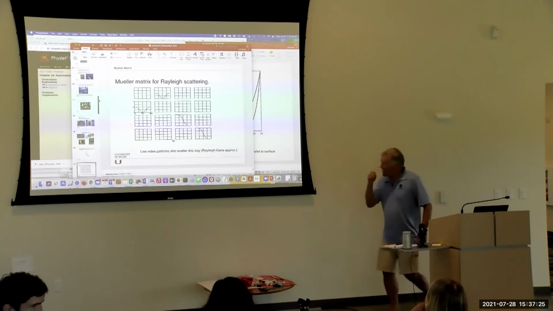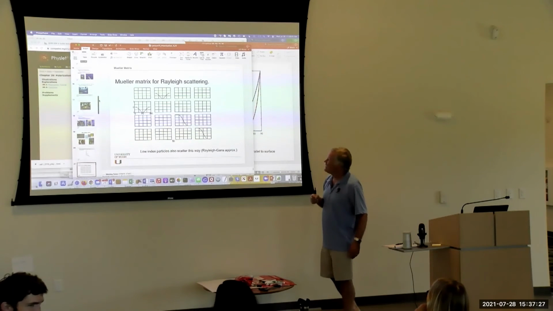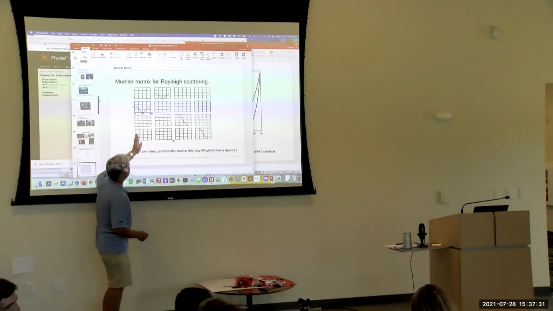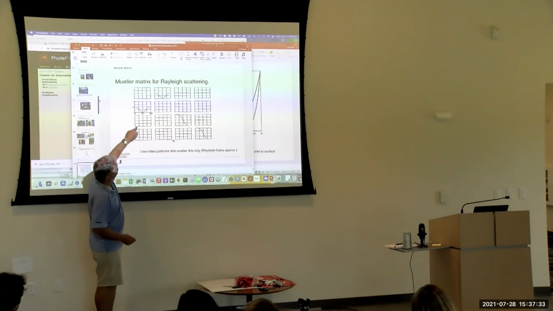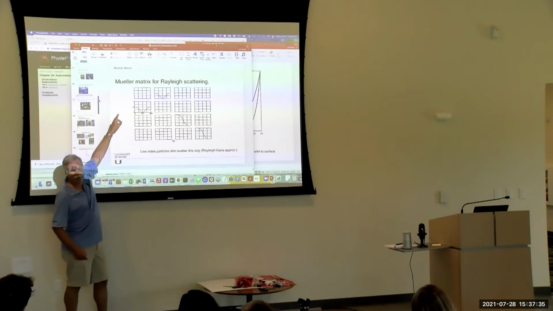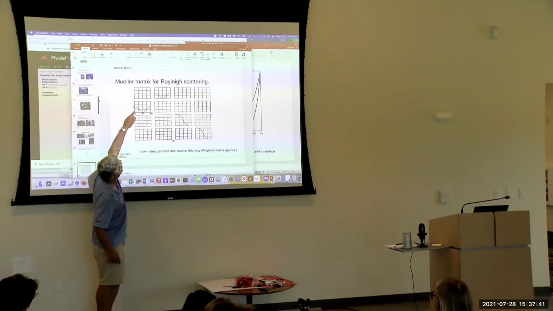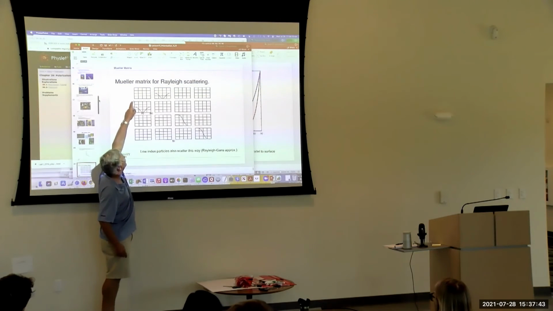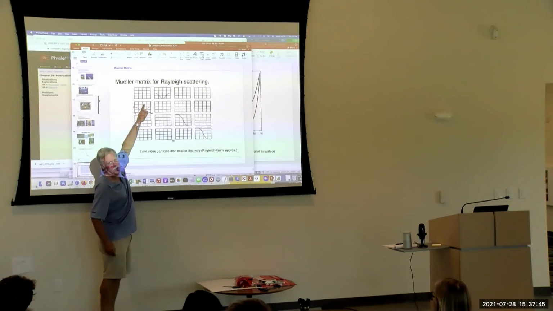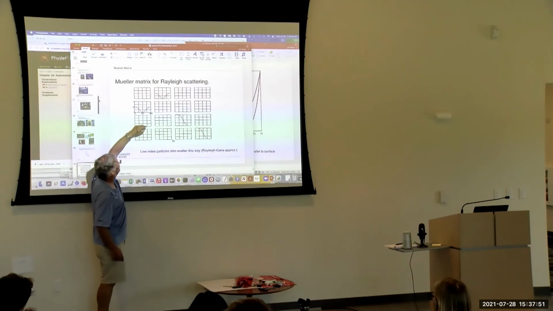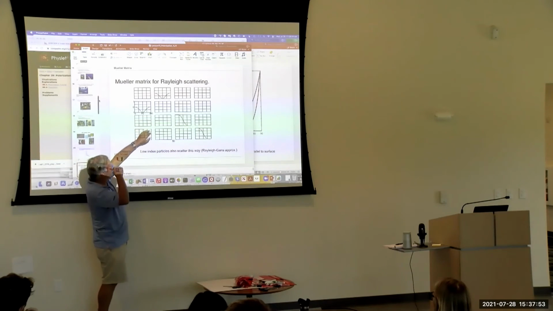So the Mueller matrix for Rayleigh scattering looks basically like this. This is the scattering angle along here, and each Mueller matrix element is showing up as a graph. We have the 1,1 element, which I've normalized, so it's just 1 all the way across the top. Each of these graphs goes from 1 to -1 for the Mueller matrix element.